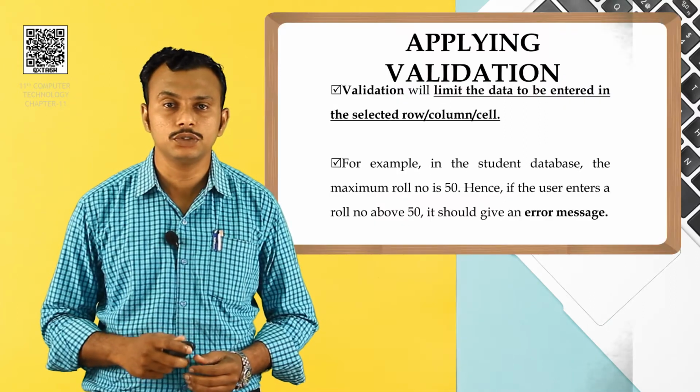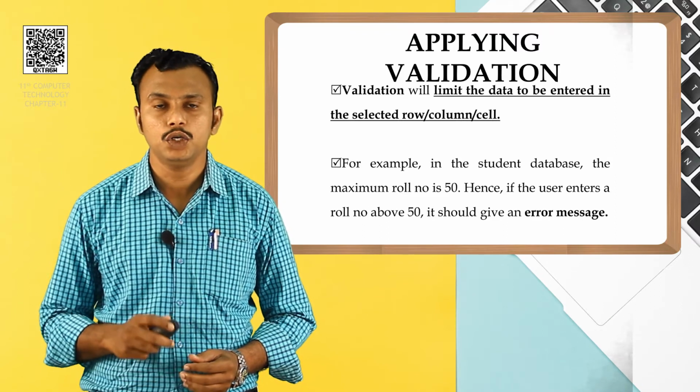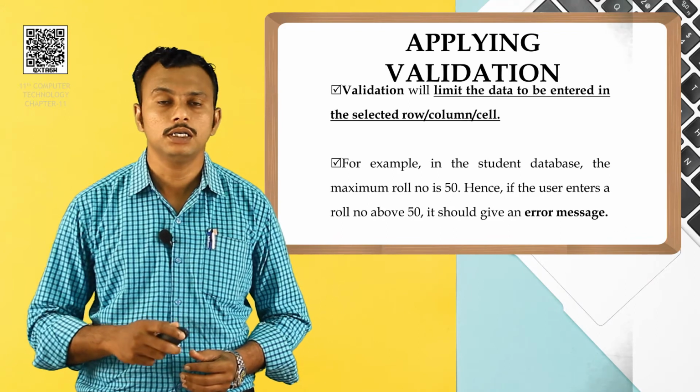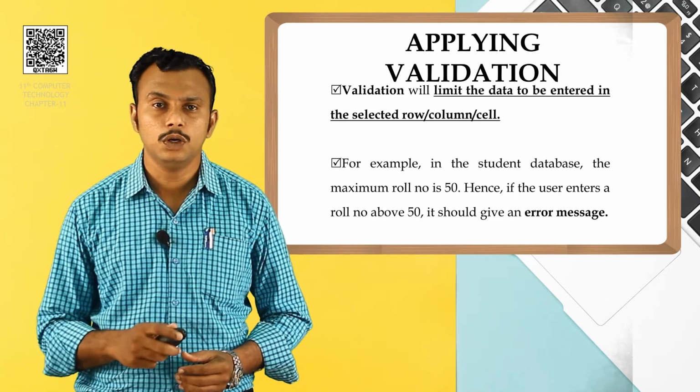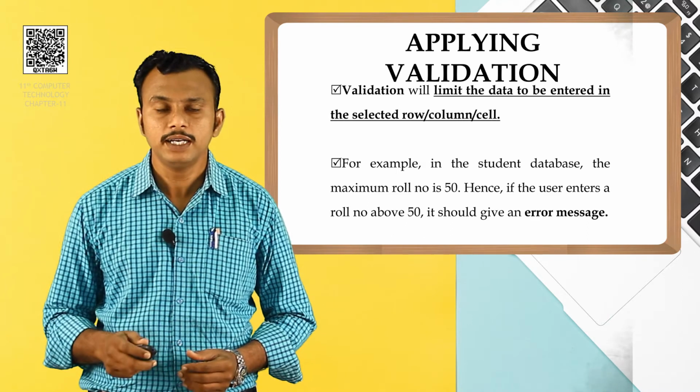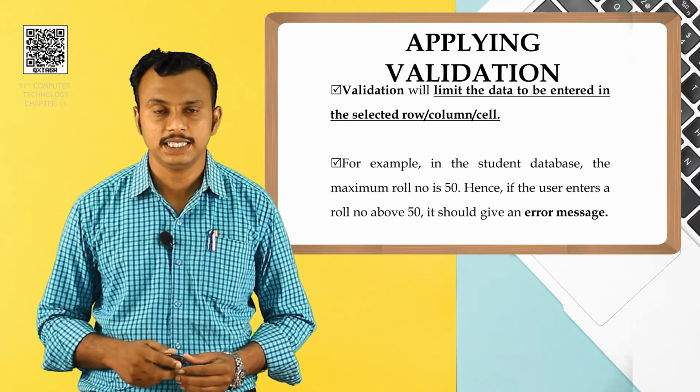Now we are going to discuss applying validation. What is meant by validation? Validation is used to limit the data to be entered in a particular cell, row or column. Don't confuse validation with filtering. Filtering is different from validation.